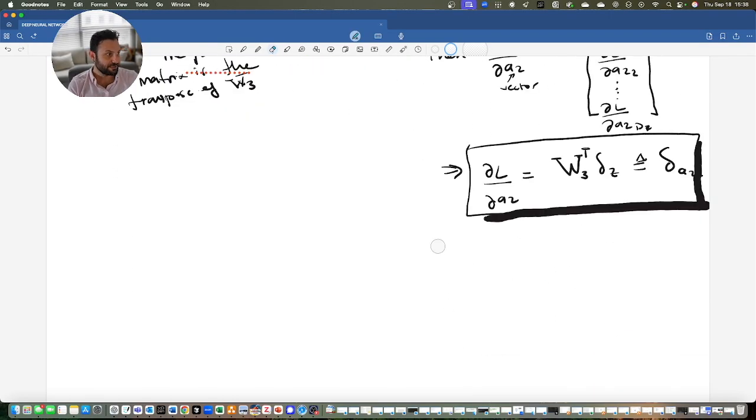All right, so the next phase is that we need to find the delta H2, right? And delta H2 is defined as dl dH2, which can be obtained via dl over dA2 times dA2 dH2.